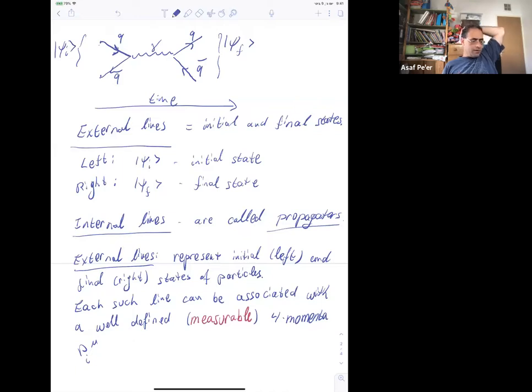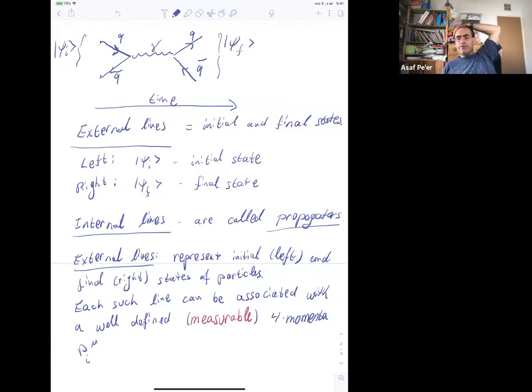So we assign four-momentum to them, of course, but we need that for the calculation. But in principle, they can have different mass or different energy than real particles of that kind.